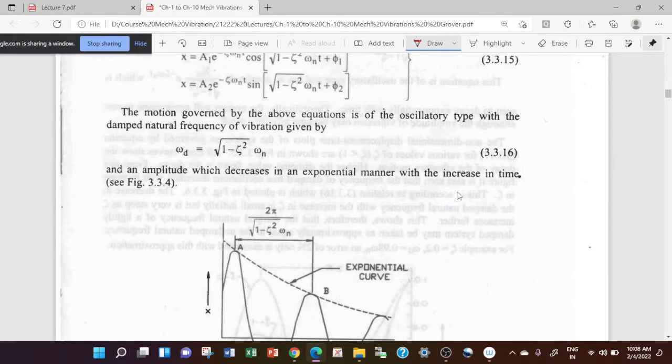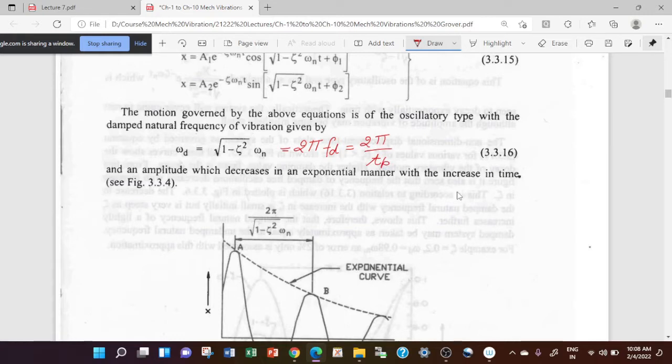this is your damped frequency in radian per second, and this will be equal to 2 pi into f_d. D represents the damped frequency, which is nothing but 2 pi upon time period.